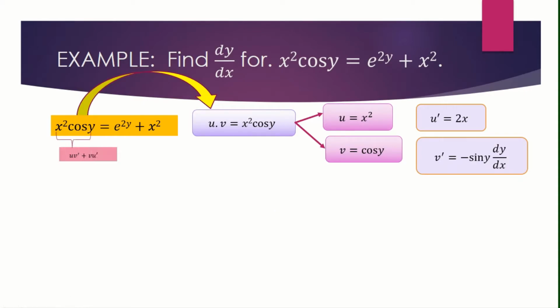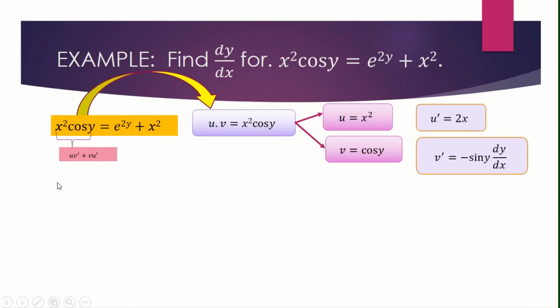We need to use the product rule since x squared cos y is a multiplication. So we are going to use the formula uv prime plus vu prime for differentiation of x squared cos y.